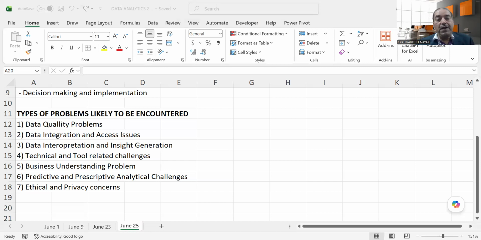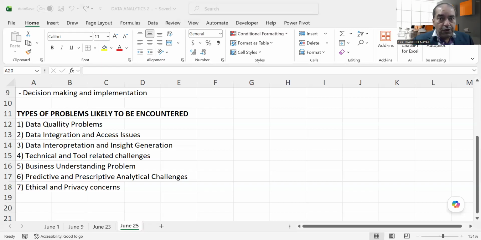Third one, I have said data interpretation and insight generation. Data mila hai. Let us say I have got the data of the revenue of the company of the last 5 years, the last 10 years. What has happened to that revenue? Interpretation. Kuch pattern hai kya? Increasing pattern, decreasing pattern, or is it a set of complex data where there is no pattern at all, right?